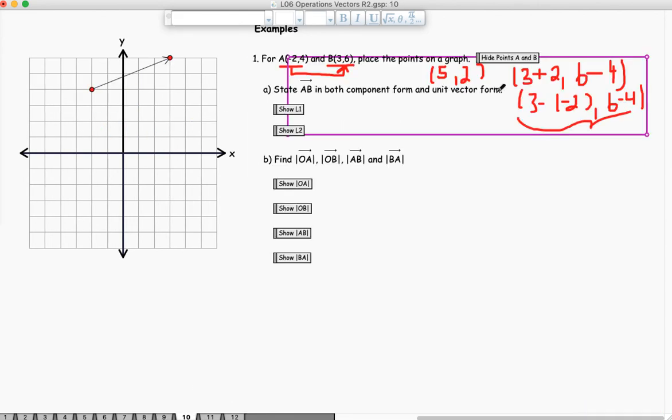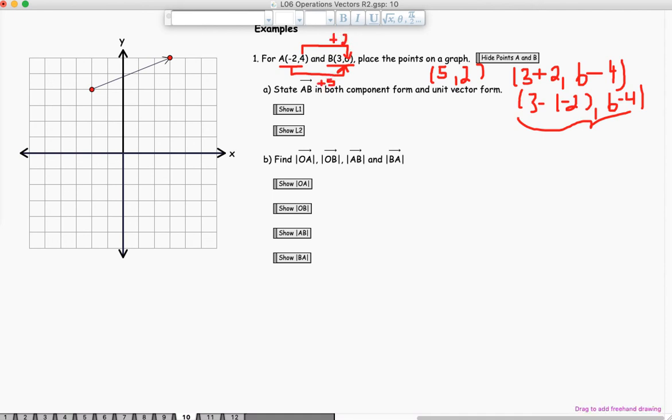This one was just logically imagining that I'm translating the tail back to the origin. So I have to add 2 and subtract 4. And if we just want to use logic, to go from -2 to 3, that's a change of up 5. And on this component, the change was up 2. So whichever of those works best for you. Three different options.